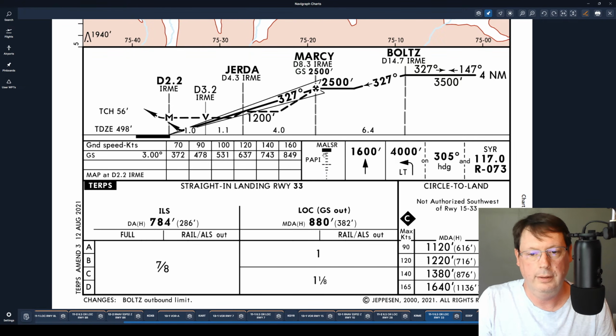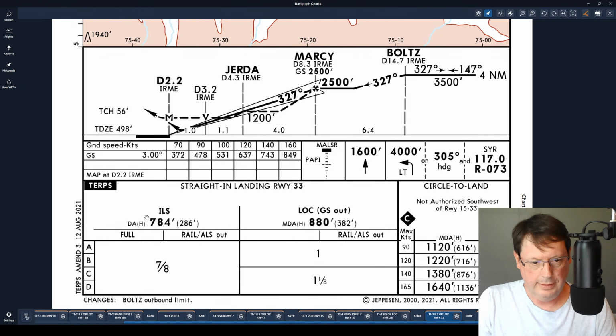Those are the lights that are in the center of the high intensity or medium intensity approach light system. If those lights are out, or if the approach light system entirely is out, you may have a different visibility required for landing. In this particular case, you don't. I kind of wonder why you don't actually, but you don't.